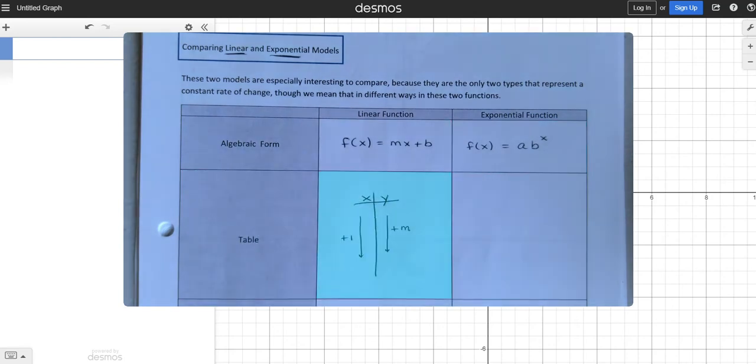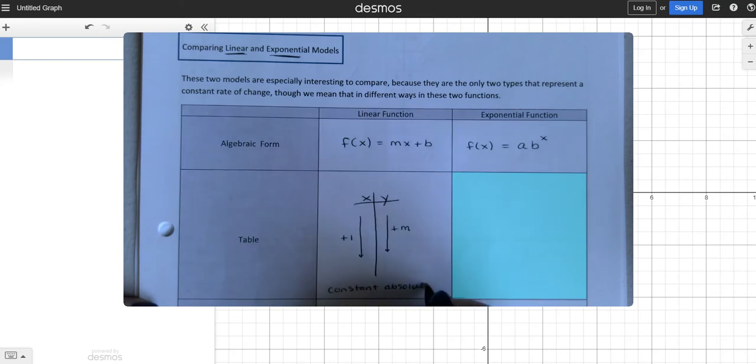Now the slope may be positive or negative, so this might either increase or decrease, but we're going to have that constant additive rate of change. We call that a constant absolute rate of change.